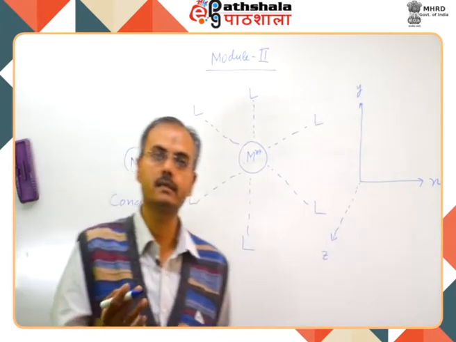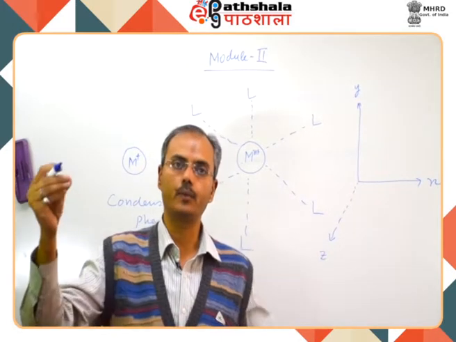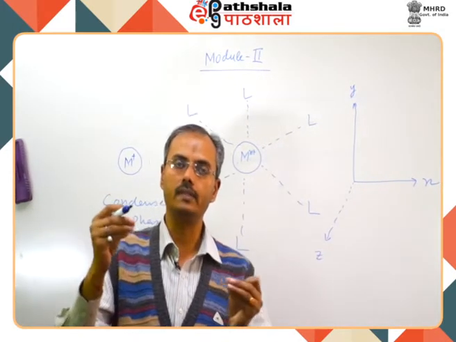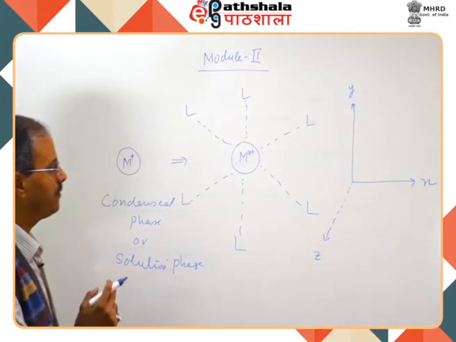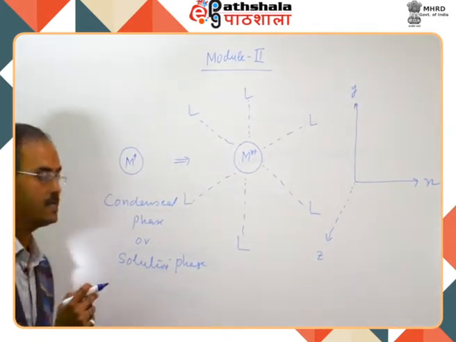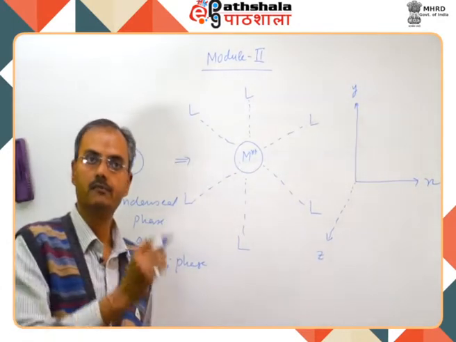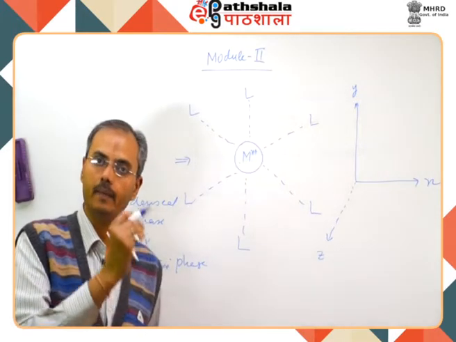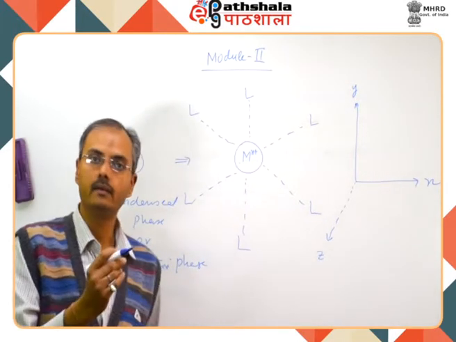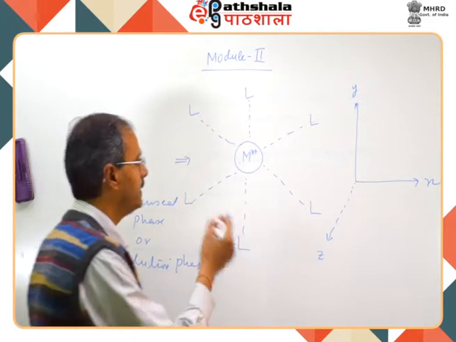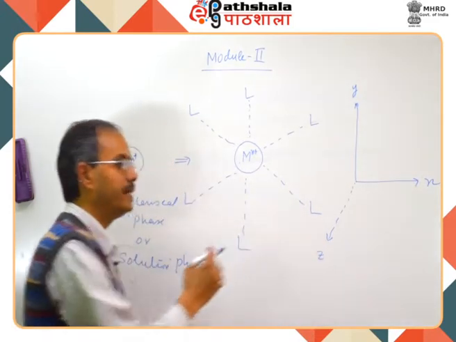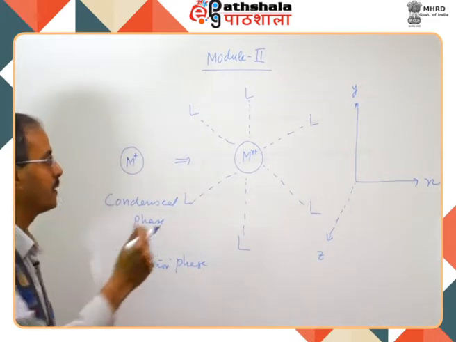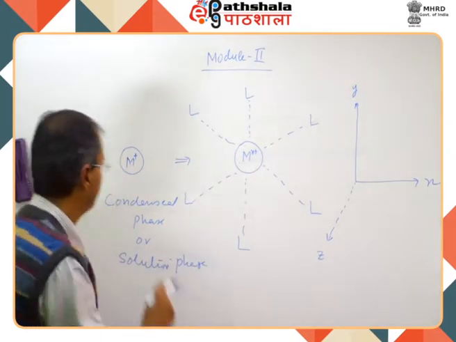The ligands or solvent molecules are approaching the metal ion from all three directions. So what happens when this situation arises? The d orbitals which are inherently present in a metal ion do not remain degenerate; they get influenced by the approach of the ligands approaching the metal ion.